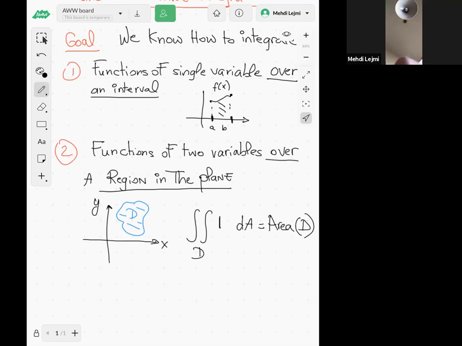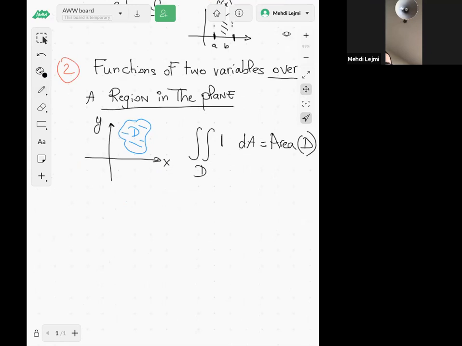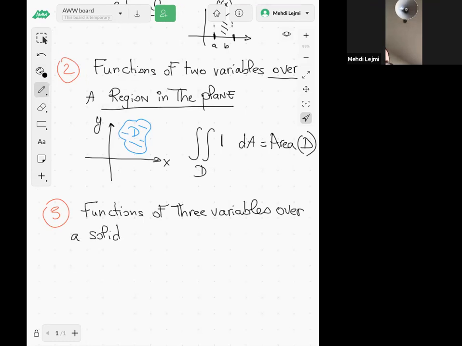Now for functions of three variables, we know how to integrate them over a solid in the space, right?